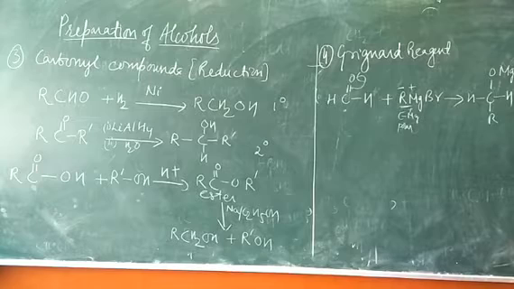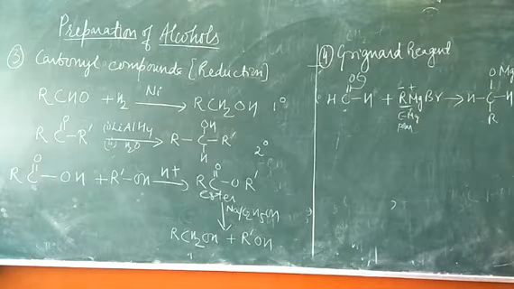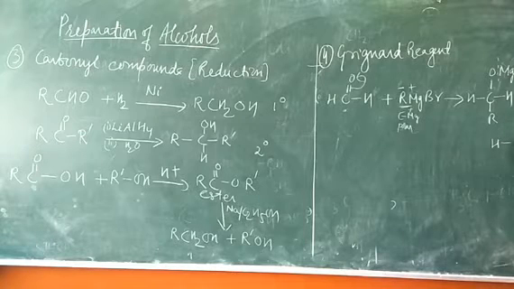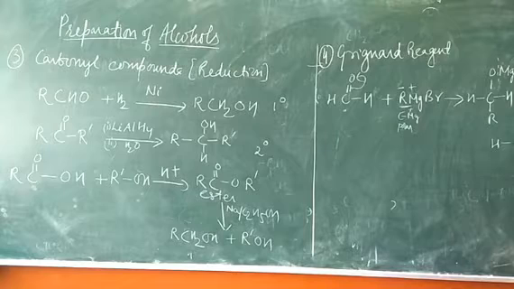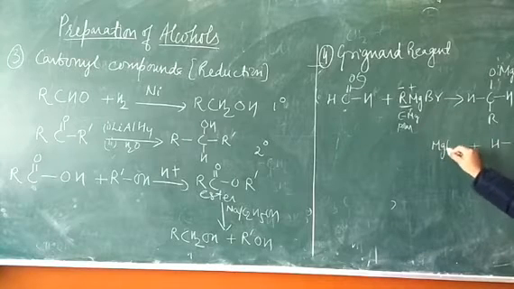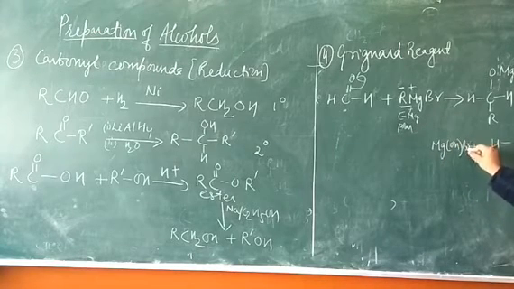Now this product undergoes hydrolysis. On hydrolysis this bond will get broken, and we will get RCH2OH plus the other product, magnesium hydroxybromide.